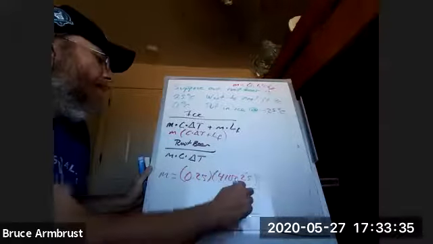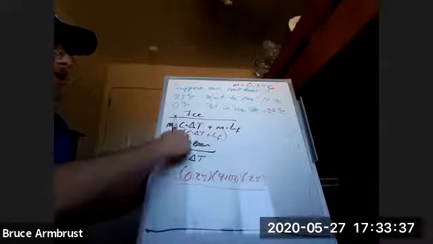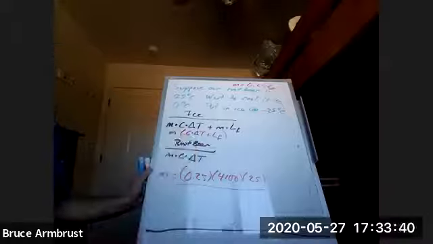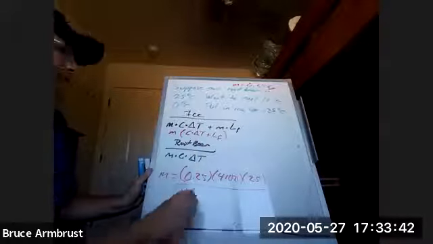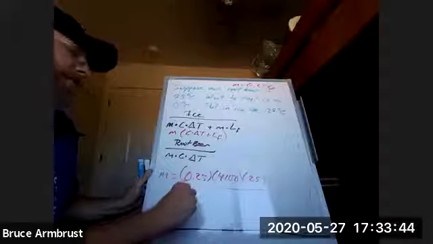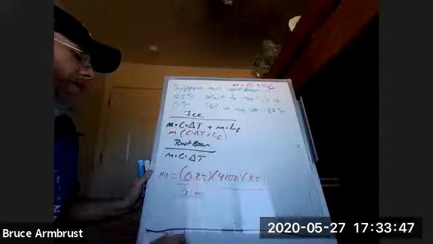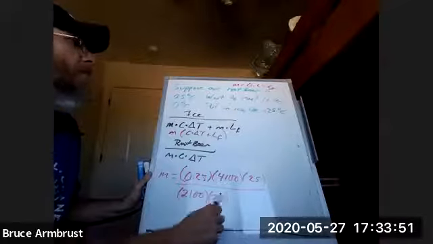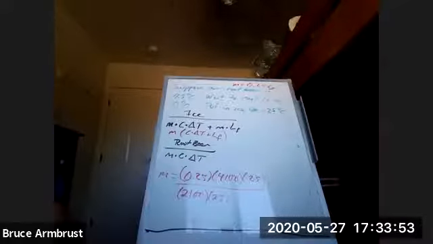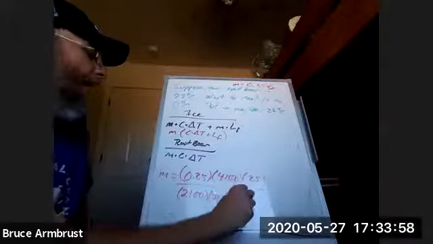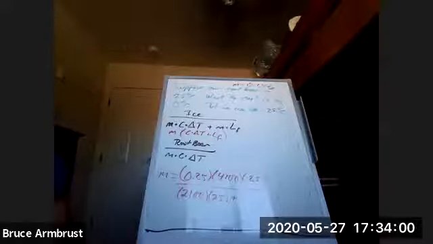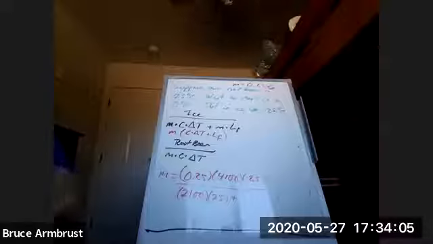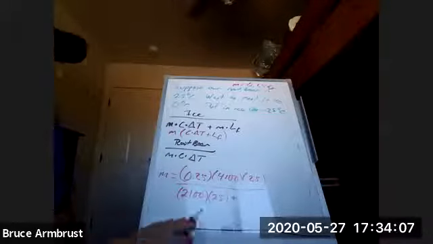We're going to divide that by the specific heat of ice, which is 2100, times its temperature change, which is also 25 degrees. And then we need to add to that the latent heat of fusion, which again was that 3.34 times 10 to the fifth.